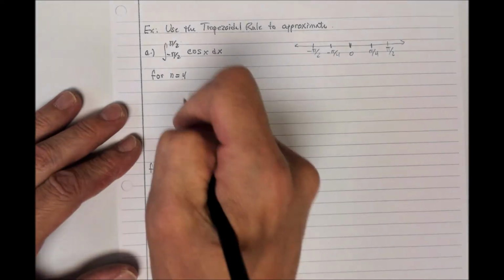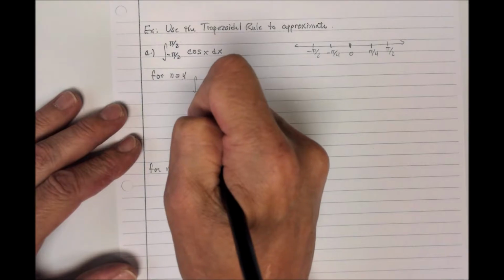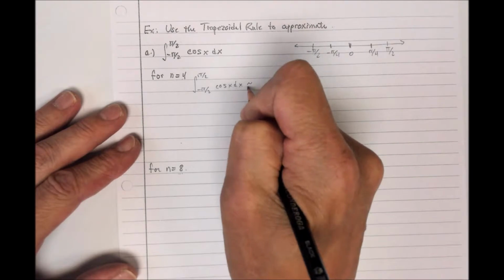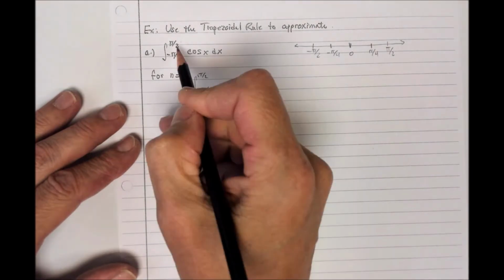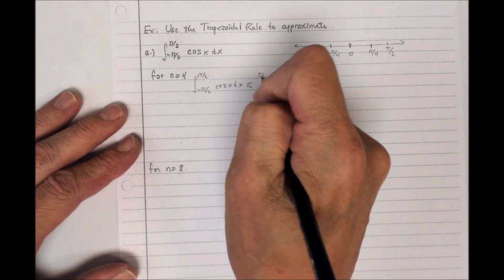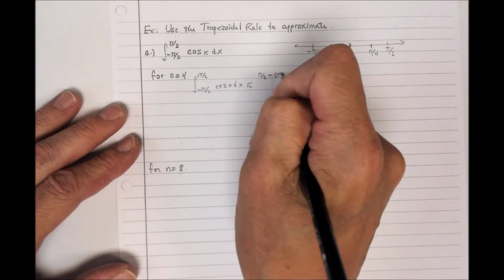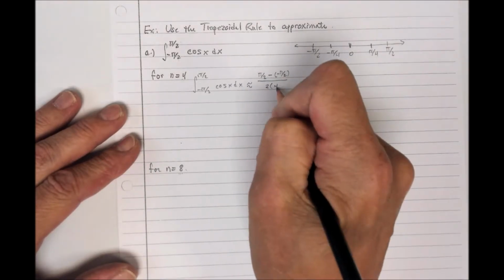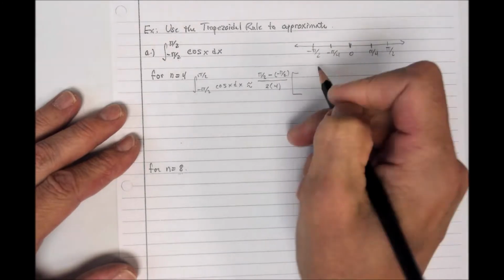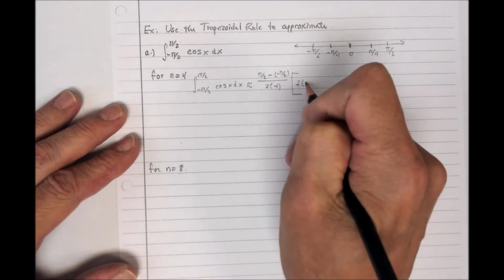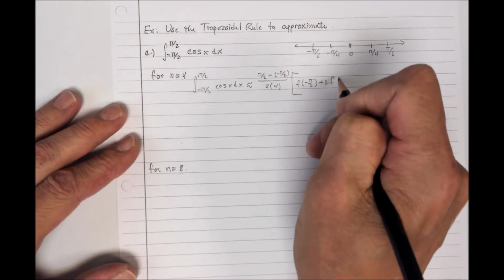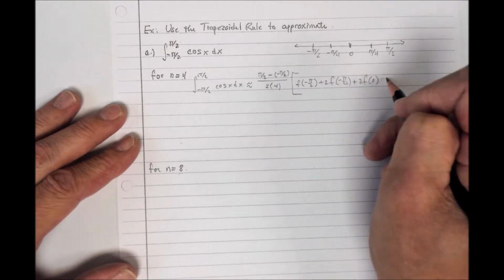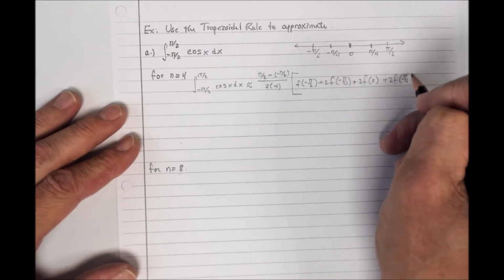So the integral from negative pi over 2 to pi over 2 of cosine of x dx is approximately b minus a, there's b, there's a, so pi halves minus negative pi halves, all over 2 times n, which is 4, times f of the first endpoint here, which is negative pi over 2, plus 2 times f of negative pi over 4, plus 2 times f of 0, plus 2 times f of pi over 4, plus f of pi over 2.